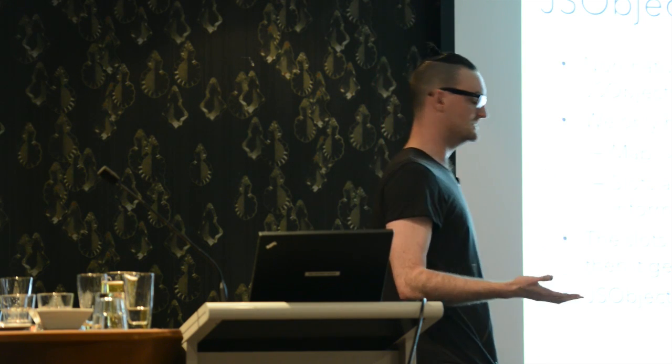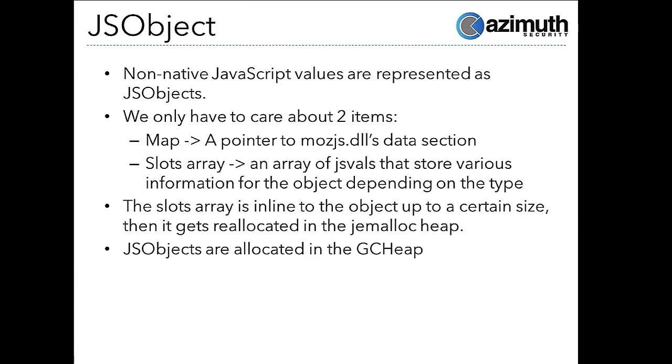But when they grow above a certain size, like an array, like the array we saw previously, if you grow it above, I think 16 is the default size that you probably can't even change, it gets reallocated in the jemalloc heap. The jemalloc heap is a more generic heap where strings, DOM objects, XML, SVG, anything like that gets put. But importantly, JS objects are all in the GC heap.